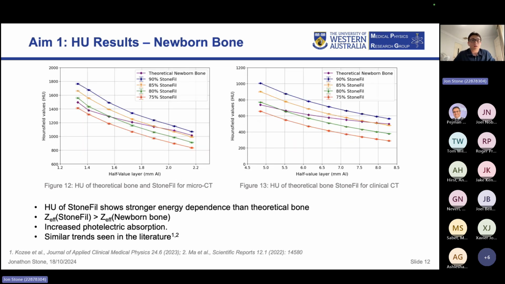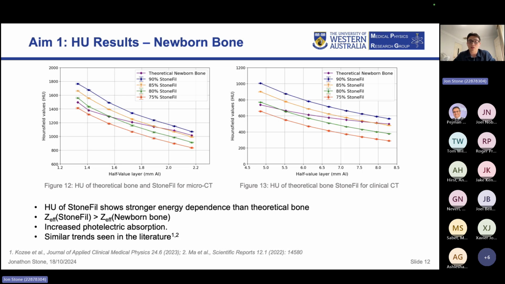Next, we will talk about the results of our newborn bone, so our theoretical newborn bone versus our stone fill. We can see here again Hounsfield units, except now from 600 to 2000, and our half-value layer. This is micro CT and clinical CT once again. You can see that the HU of the stone fill shows a stronger energy dependence than the theoretical bone. And this was again thought to be because of the difference in the effective atomic number.